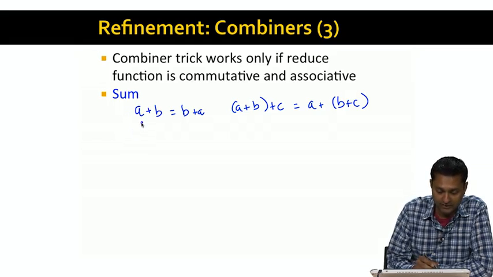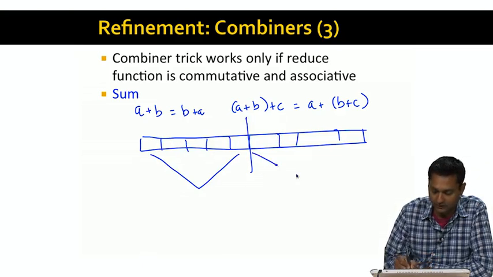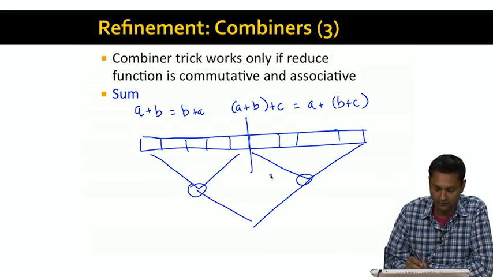What that really means is that if you have a lot of values that need to be summed, all these values need to be added up, you can break it up into 2 pieces. You can sum up the first piece, you can sum up the second piece, and then you can sum up the 2 intermediate results, and you'll get the same answer.